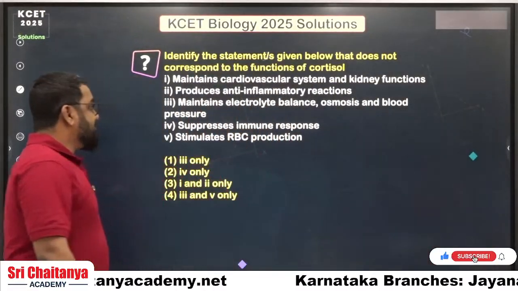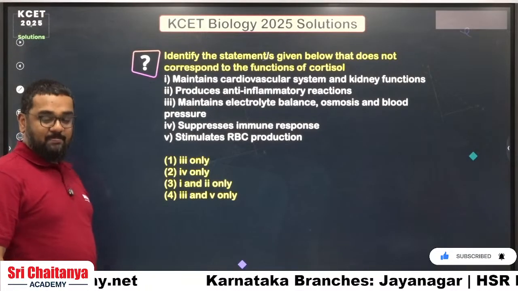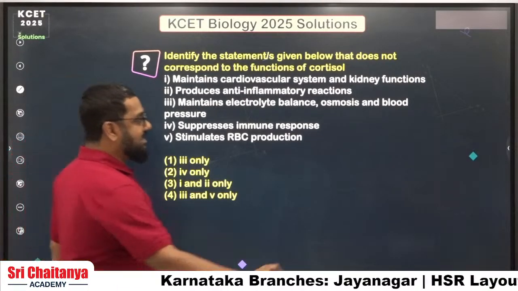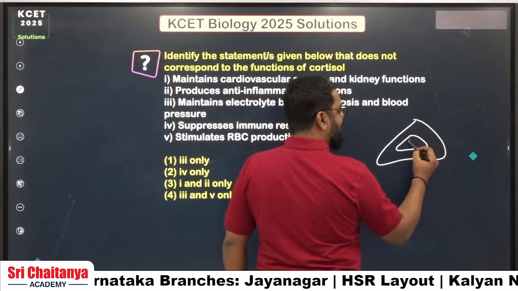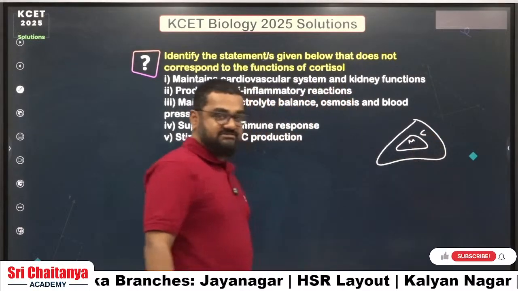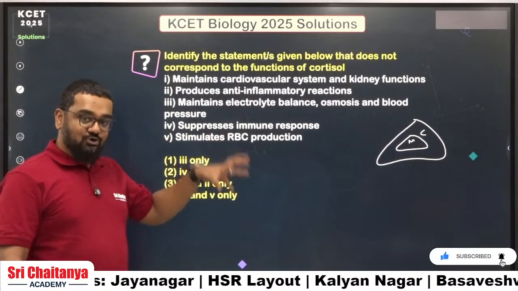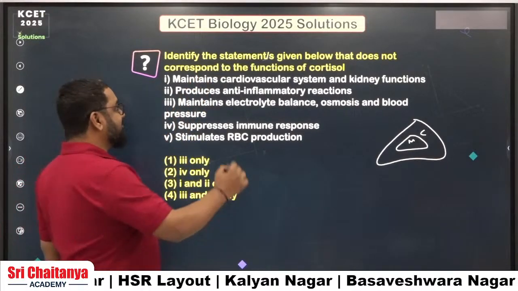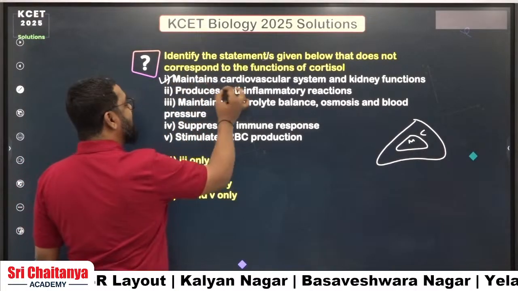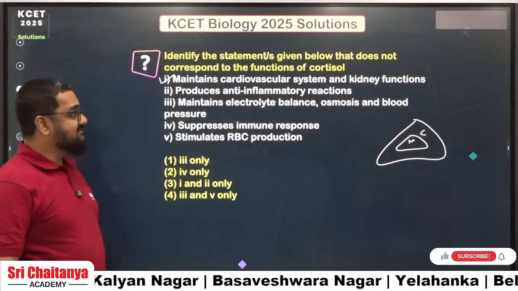Next, identify the statements given below that do not correspond to the functions of cortisol. Now we know for a fact that the adrenal gland has adrenal medulla and adrenal cortex, correct? Now the adrenal gland secretes a group of hormones called glucocorticoids, out of which cortisol is one, and clearly NCERT mentions that it helps in maintenance of the cardiovascular system and also is involved in kidney functions.